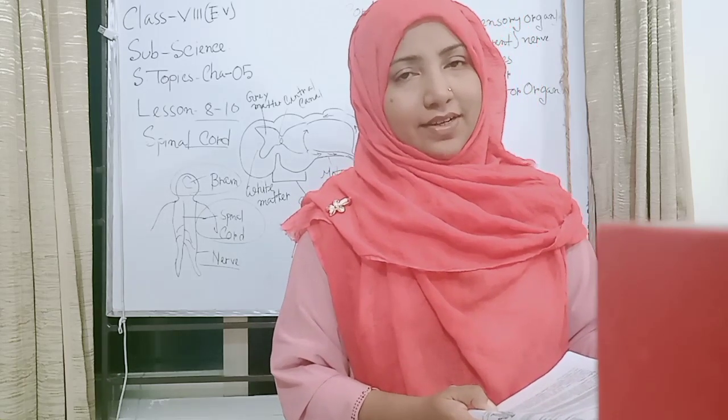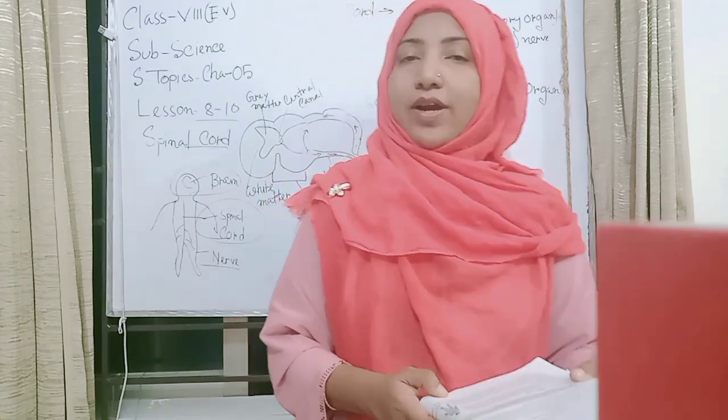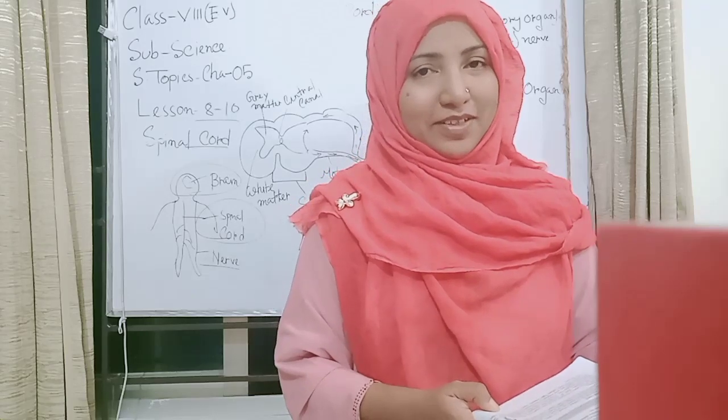But in the central nervous system, the gray matter is outside and the white matter is inside. It is a very important difference.